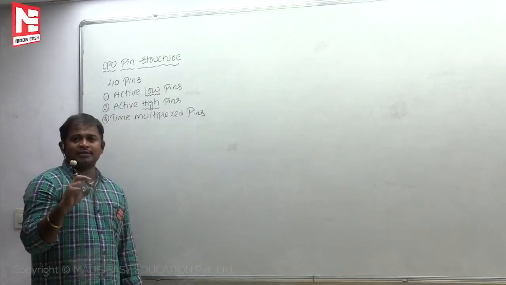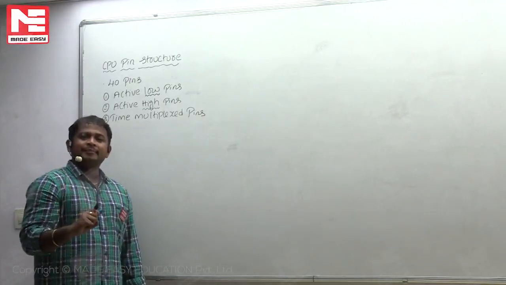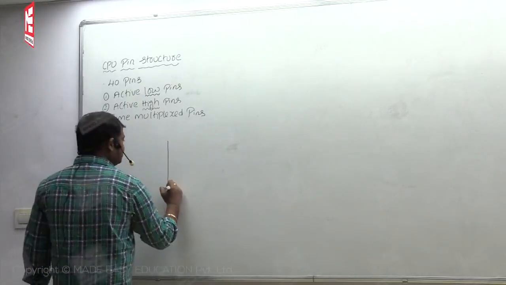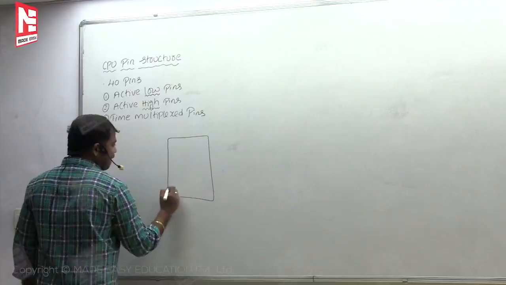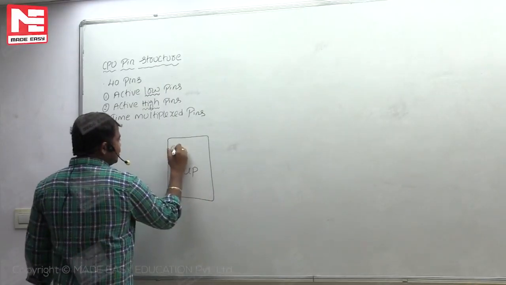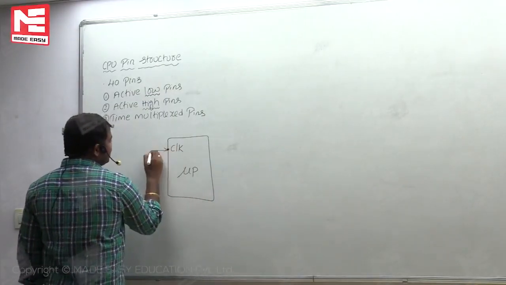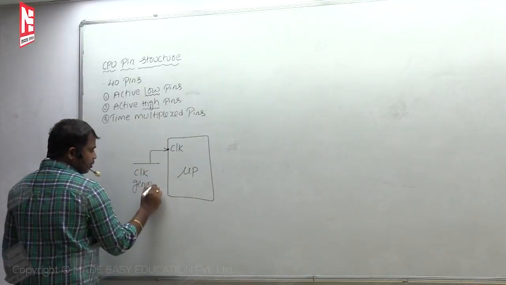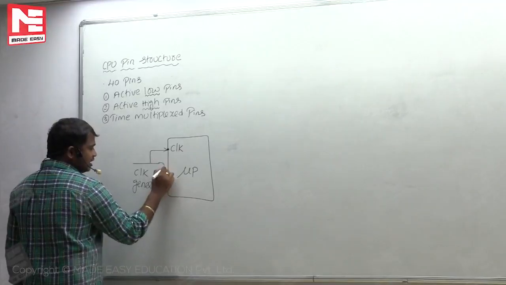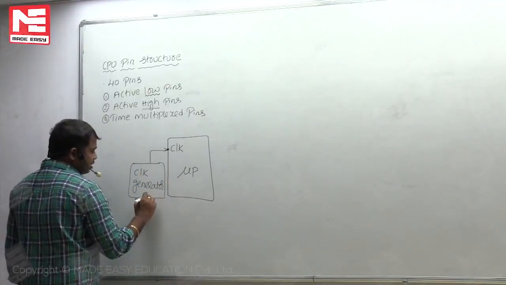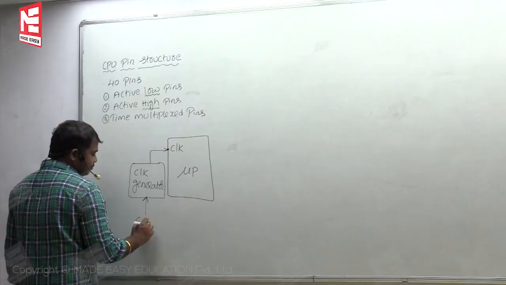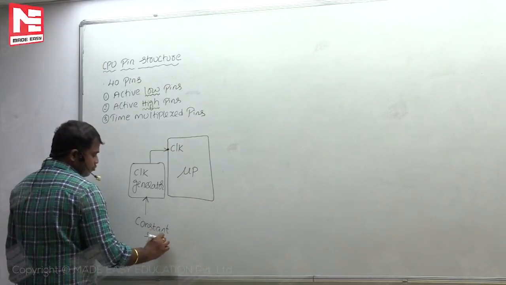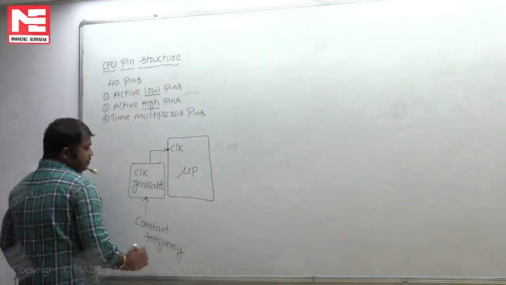Every microprocessor chip is operated with a constant frequency clock like this. The microprocessor contains a CLK pin, the clock pin. This clock pin is connected to a clock generator, which operates with a constant frequency.